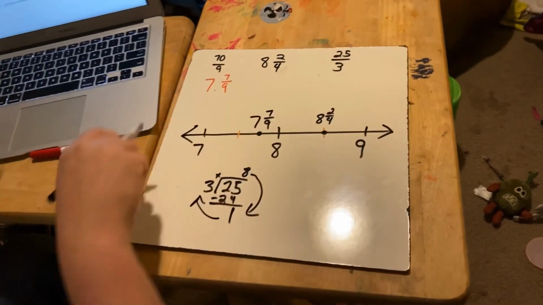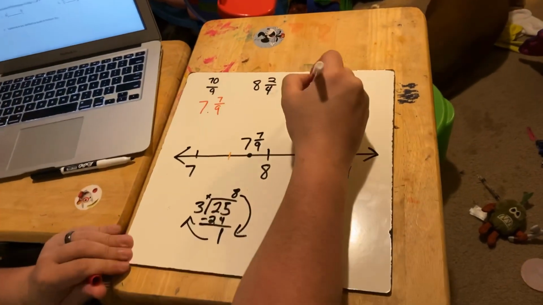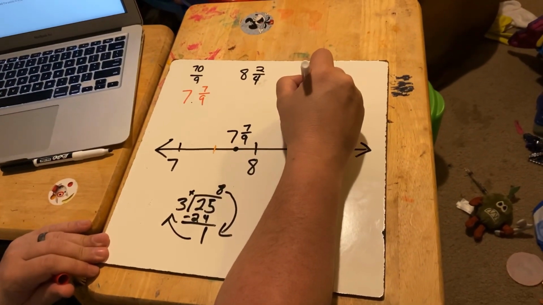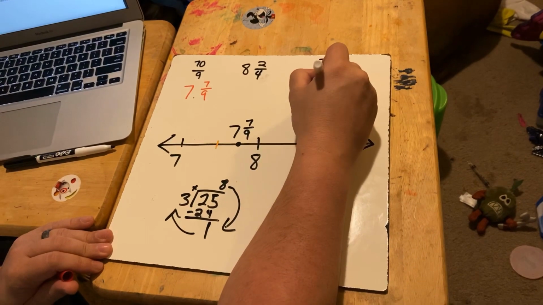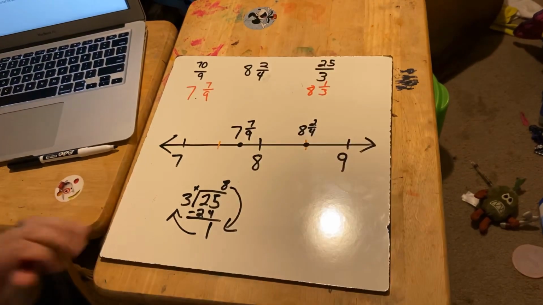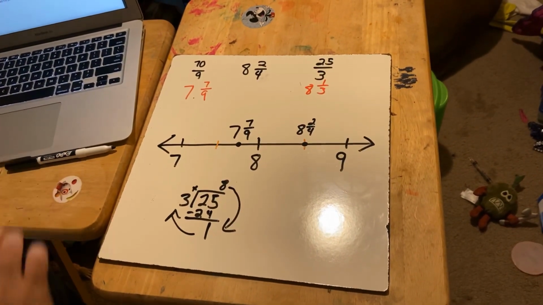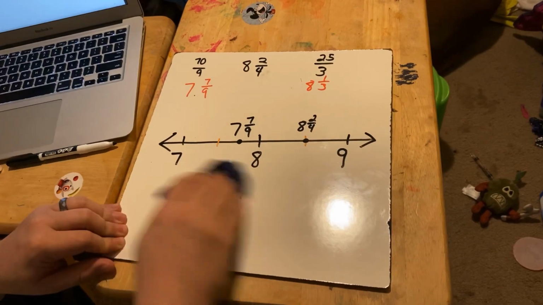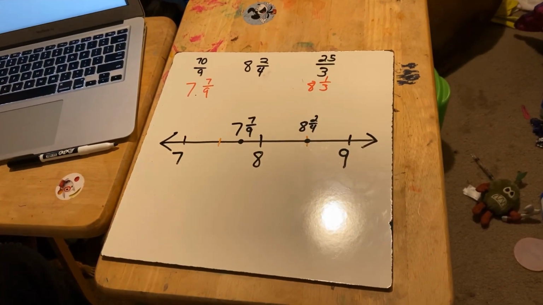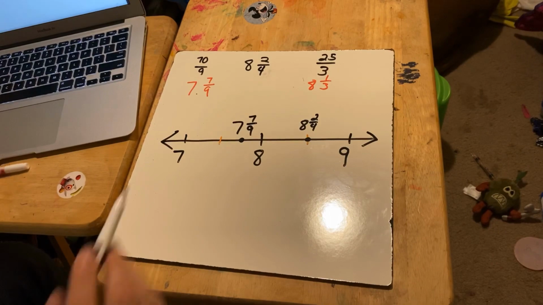So this one as a mixed number is 8 and 1/3. Let me erase this right here. Now, 8 and 1/3.